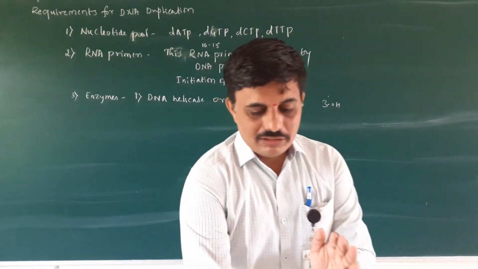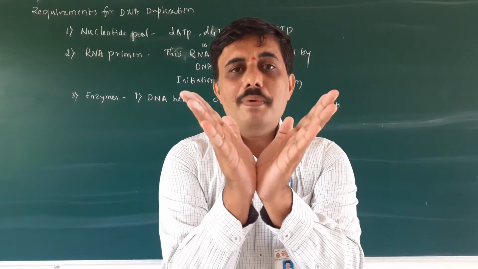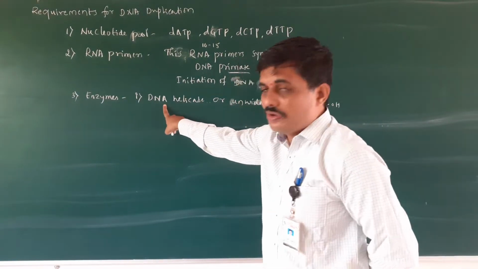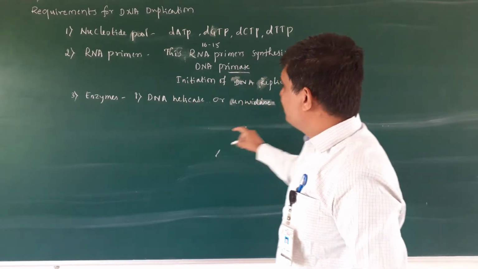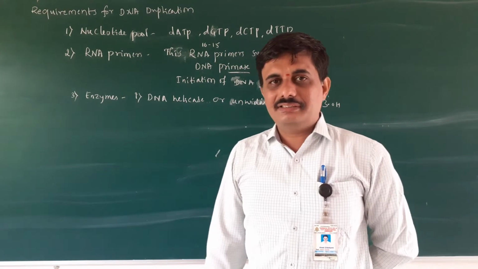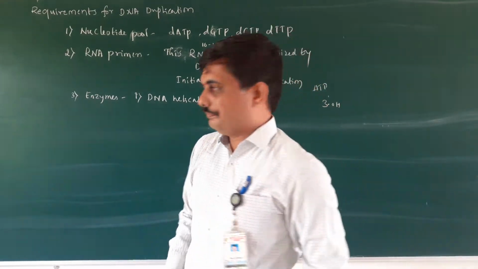Thus the two strands of DNA get opened out with the help of the enzyme called DNA helicase, and DNA helicase uses ATP energy currency for the opening up of the two strands of DNA.